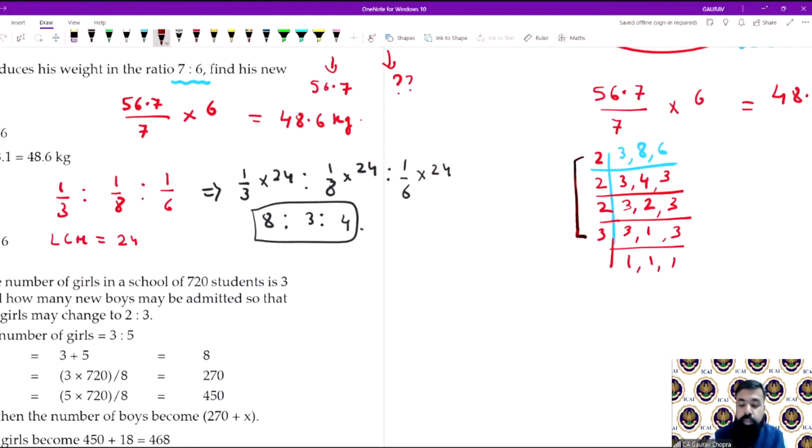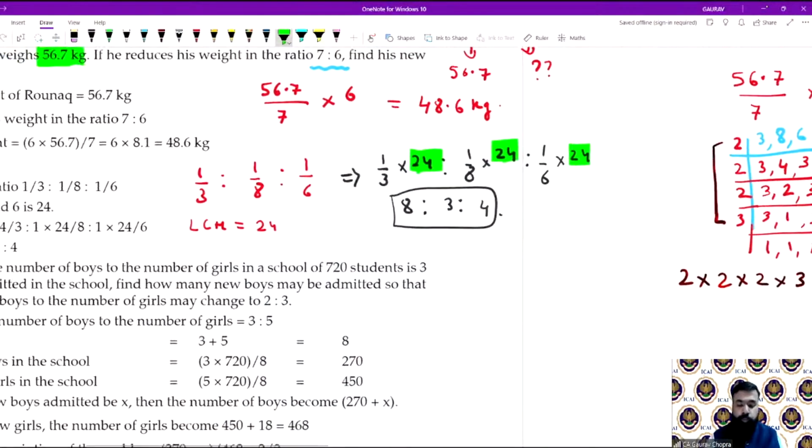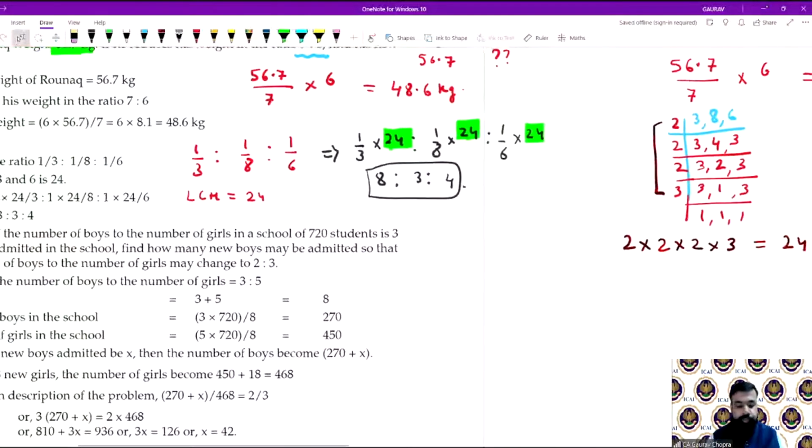Multiply all these numbers. 2 multiplied by 2 multiplied by 2 multiplied by 3, and we are getting 24. So this 24 is the LCM. So now we can multiply by this LCM and get the result. So 8, 3 and 4 is the final ratio. Okay.